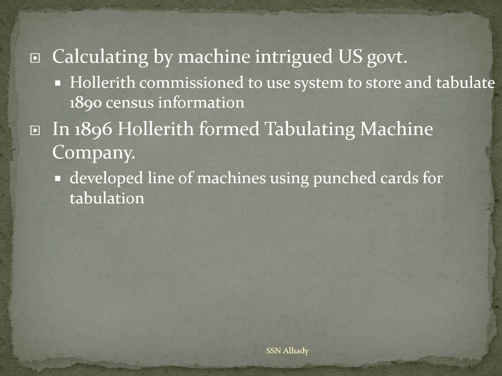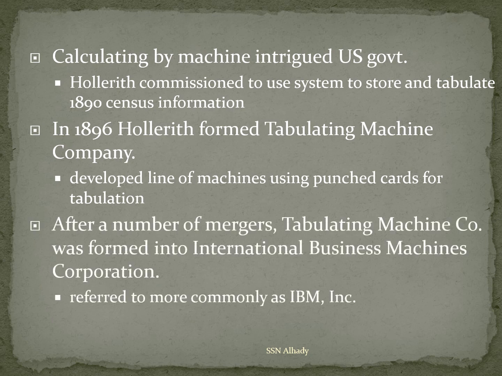It is one of the applications. In 1918, Hollerith formed a tabulating machine company which developed a line of machines using punch cards for tabulation. And then they started to form the International Business Machines Corporation. It is well known until today, where we refer to it more commonly as IBM.